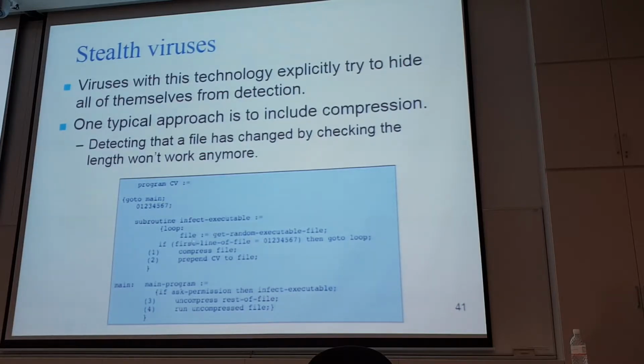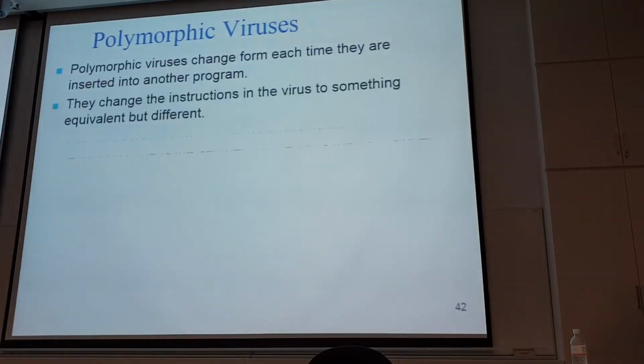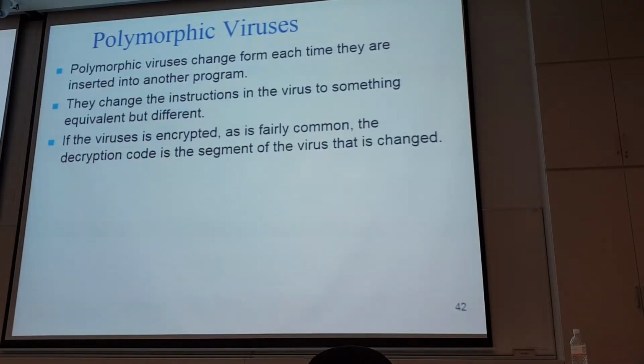But if the label is not there, it will infect the file. Before the virus infects the file, it will first compress the file, then attach the virus to the file to make sure the size does not change. So these are some mechanisms that can be used by viruses to hide their existence.